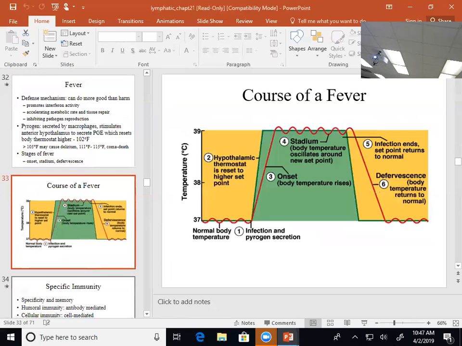Y'all know that, right? So pyrogens are going to be these chemicals that signal the hypothalamus to raise the body temperature. So what do ibuprofen and acetaminophen and even aspirin do? They're anti-pyretic, aren't they? They're going to bring that back down.